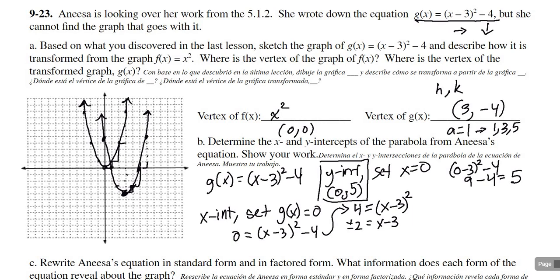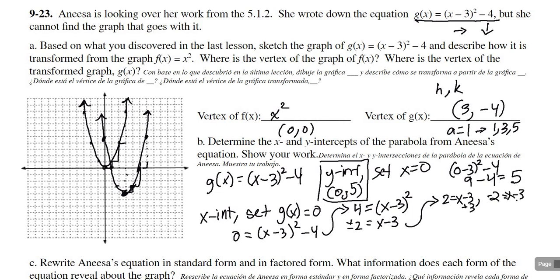Now if I solve this, I get two possible equations: 2 equals x minus 3, and negative 2 equals x minus 3.